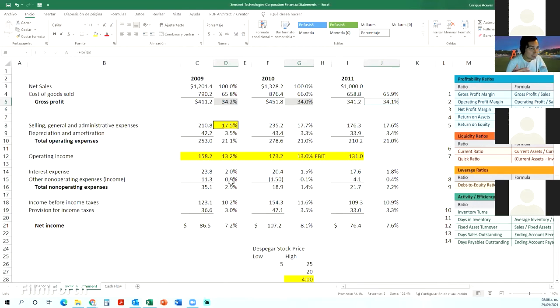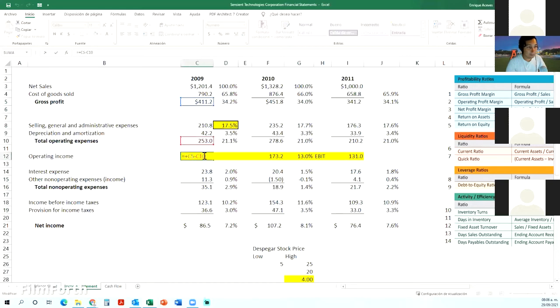They could be variable, but you have your fixed expenses in here, in the total operating expenses, to get to the operating income, and this is what you get almost for cash flow. If you add up depreciation and amortization, in theory, that's what you get in cash flow from operations.